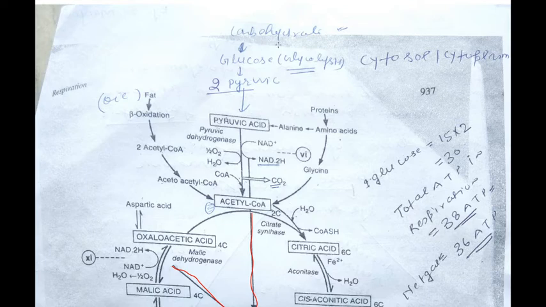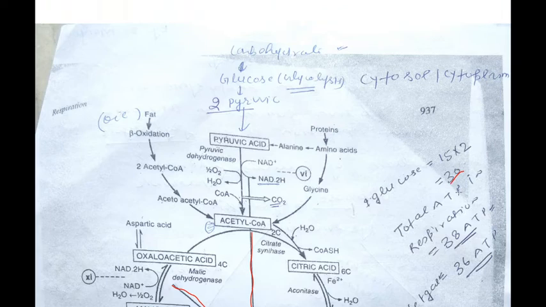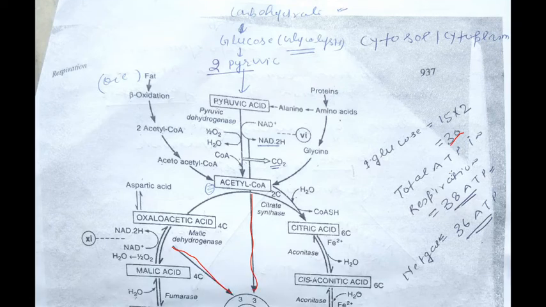That's why we can count ATP here. One pyruvic acid produces 15 ATP, so with 2 pyruvic acid, it produces 30 ATP. Clear?